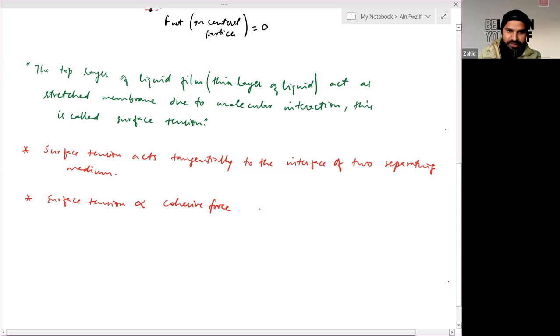The greater the cohesive force of attraction between the particles, the greater the value of surface tension. It is inversely proportional to adhesive force. It is inversely proportional to temperature.